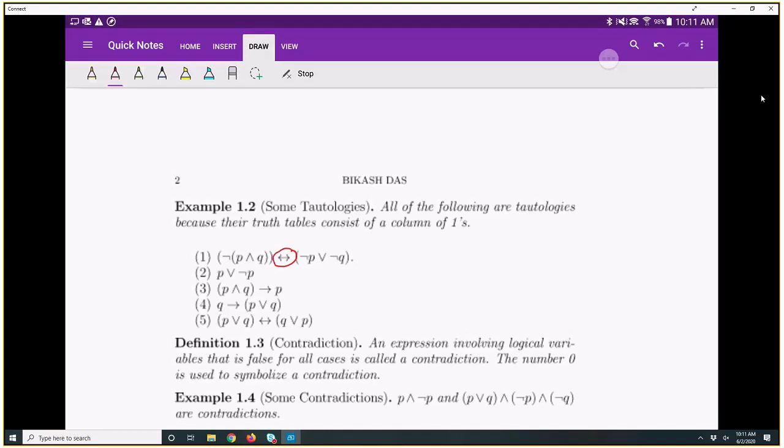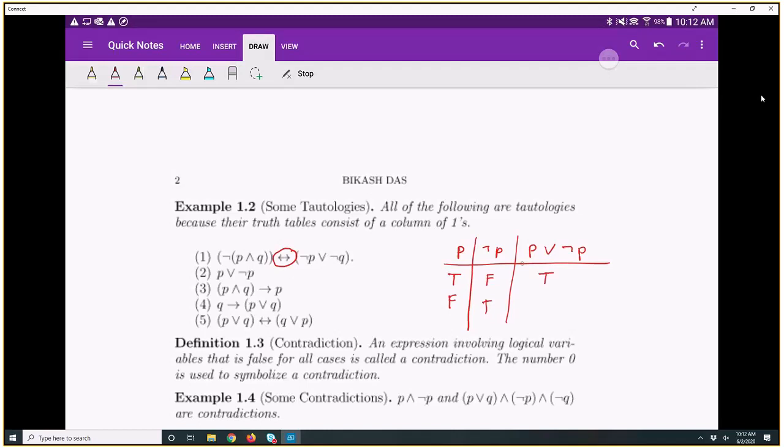Another example would be P or not P, and we've seen this in our previous lecture note, but let's take a quick look one more time at the truth table for P or not P. If we let P be true or false, then not P is going to be false or true. For P or not P, I just need one true in order for it to be true.